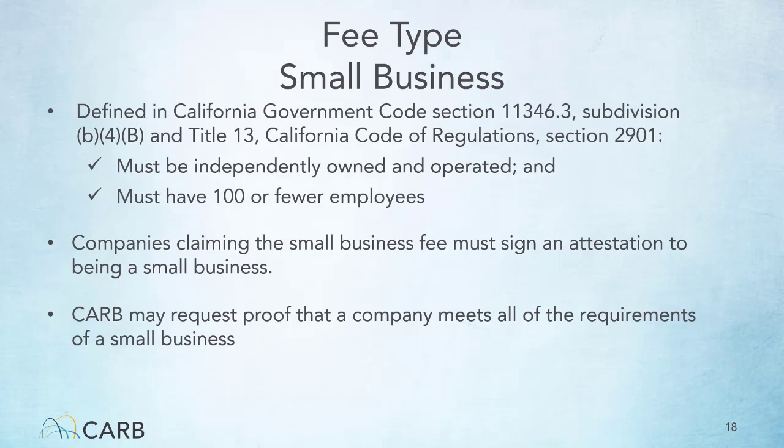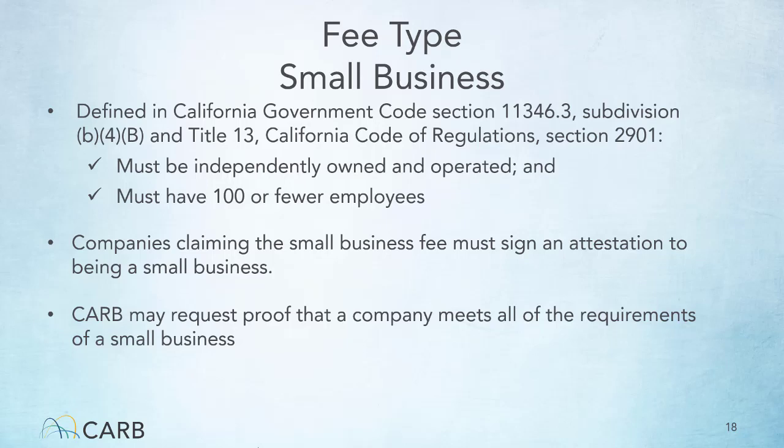Now, I'm going to explain the definition of a small business so you could see whether your company qualifies as a small business per the definition or not. A small business is defined in California Government Code Section 11346.3, subdivision (b)(4)(B), and Title 13 California Code of Regulations Section 2901.